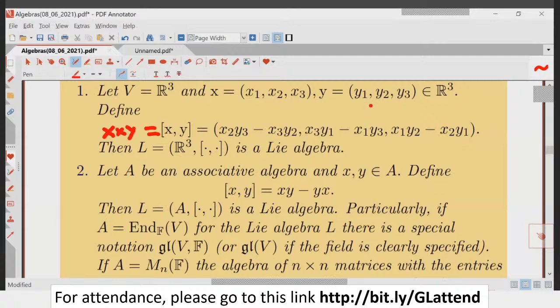This is the determinant with i, j, k, then x1, x2, x3, and here y1, y2, y3. This is the cross product of x and y.